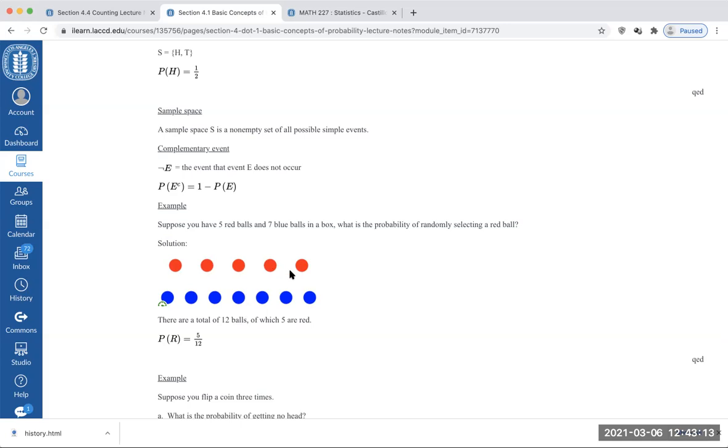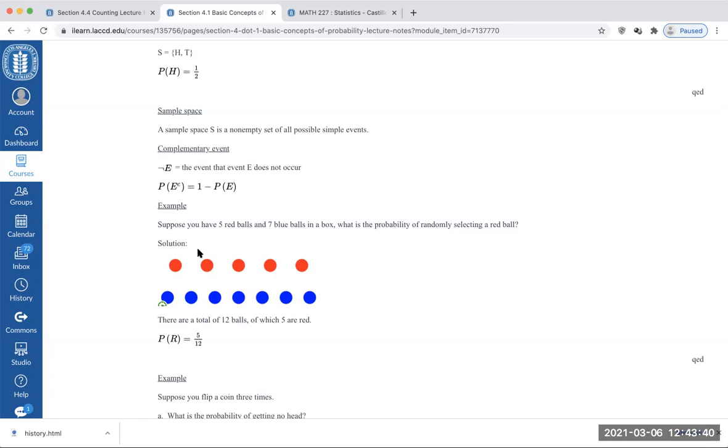You put them in this box and you shake up the box, and then you put your hand into the box, and you're not able to see what the contents of the box are. You just feel around to find a ball, and you want to look, did I get a red ball? Did I get a blue ball? What's the probability of selecting a red ball?